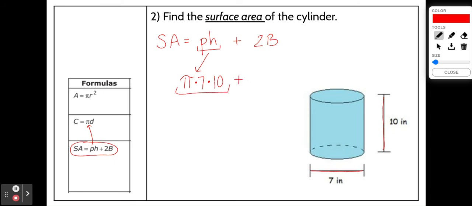Okay, put down a plus sign, and now we're going to do the two bases. Okay, so I'm going to start off with 2 times, because I want to double the area of the base because there's two bases. We got two circular bases. So then for the area of the base, I'm going to use the area formula for a circle because they're circles. So pi times radius squared.